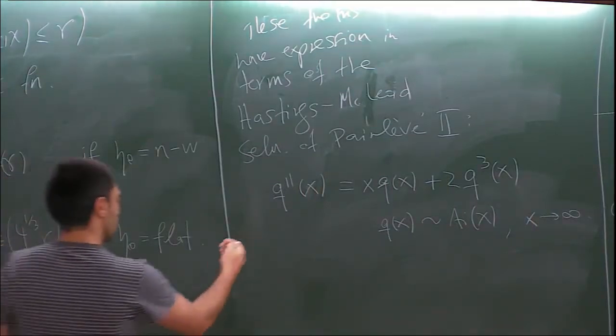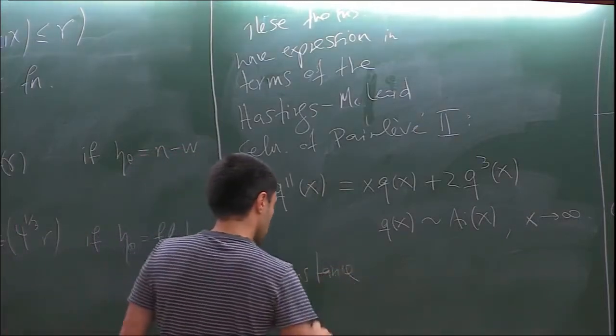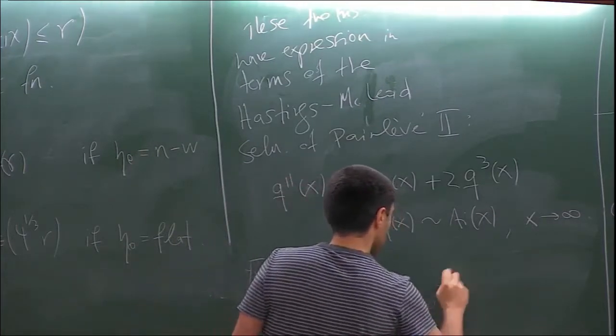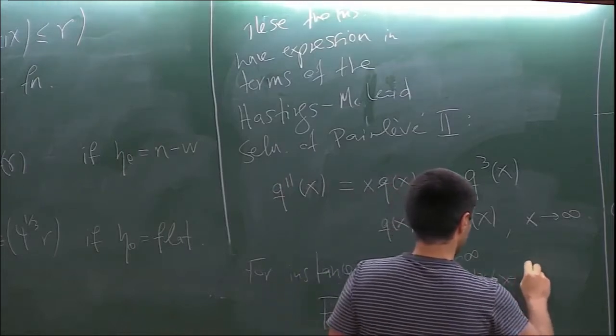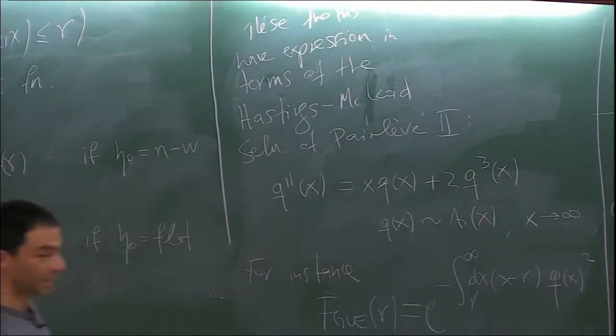And so, for instance, F_GUE of r equals, if I remember correctly, that.